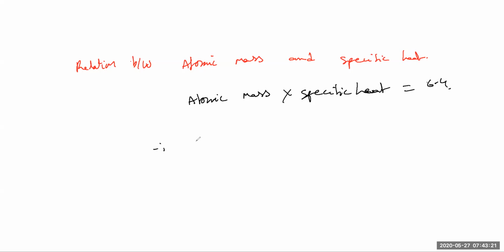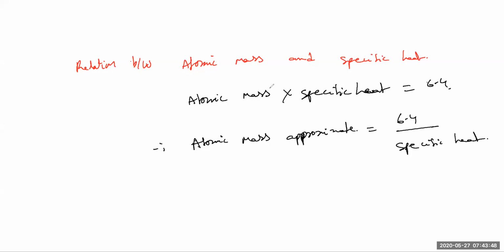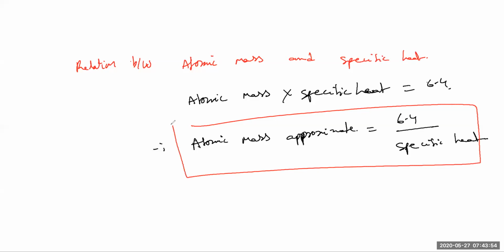Therefore, approximate atomic mass is equal to 6.4 divided by specific heat. Note down this one.